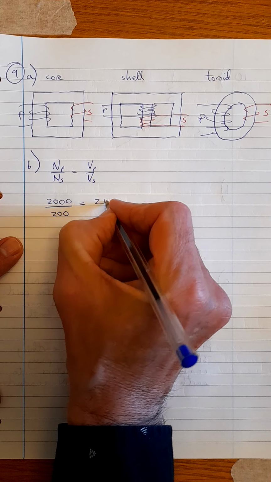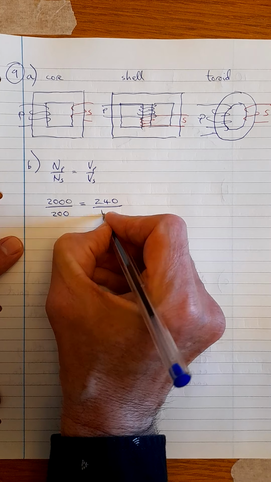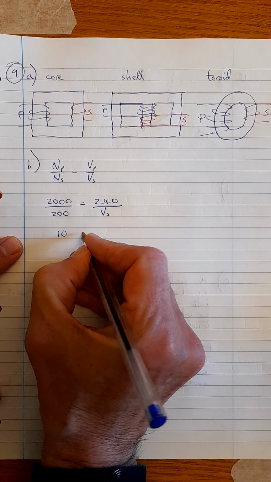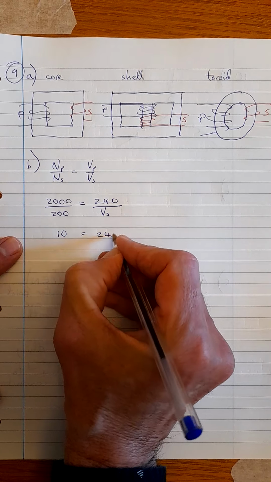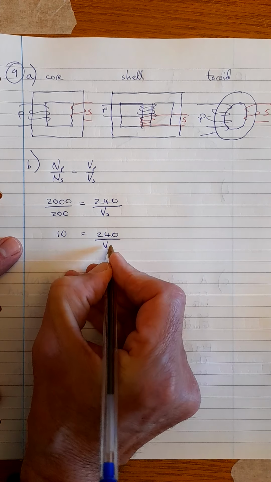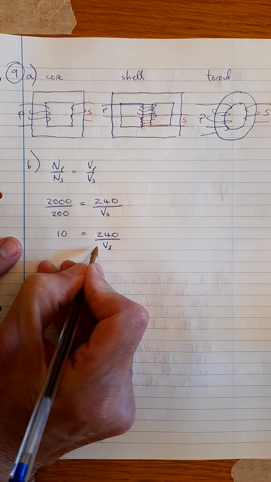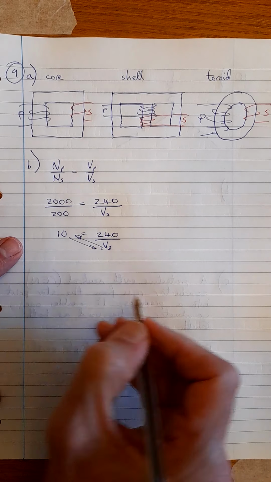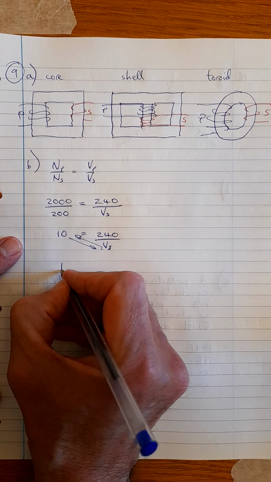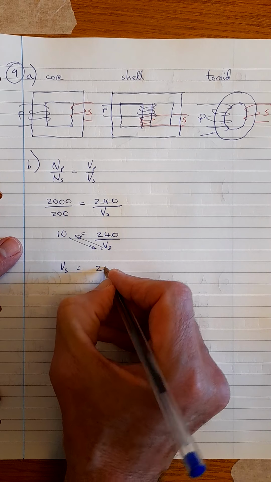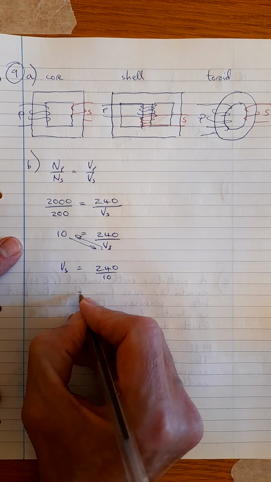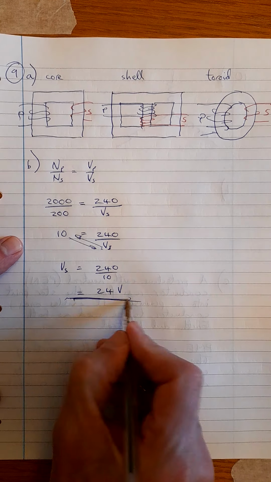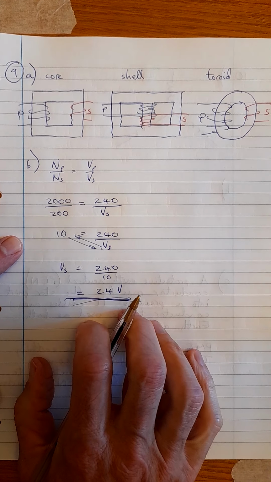Primary voltage was 240, secondary voltage VS. So if you work that out, that's 10 equals 240 over VS. So this needs to move to the top, and VS comes back underneath there. So VS equals 240 over 10, which is 24 volts. Okay, so that's 9 part B.